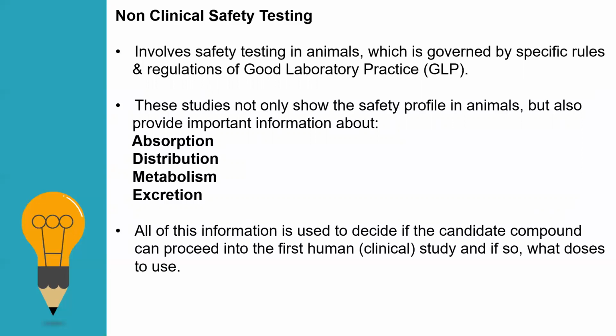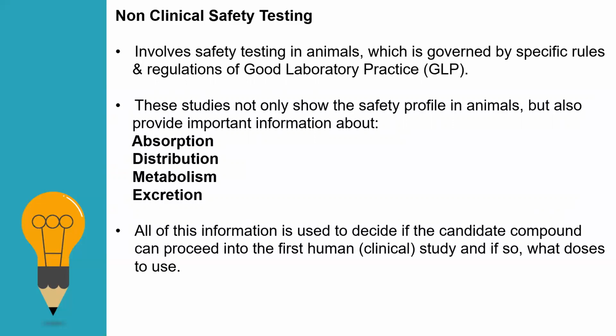And then in vivo testing involves testing the drug molecules on animal models and in other living cell structures. But all these have to be carried out based upon the rules and regulations laid by the good laboratory practices, that is the GLP.